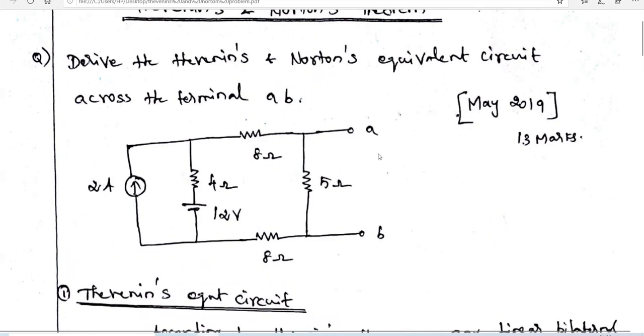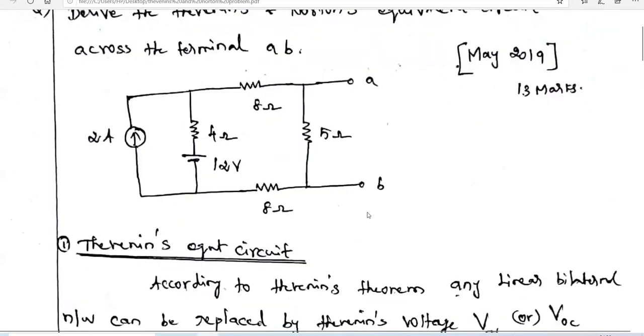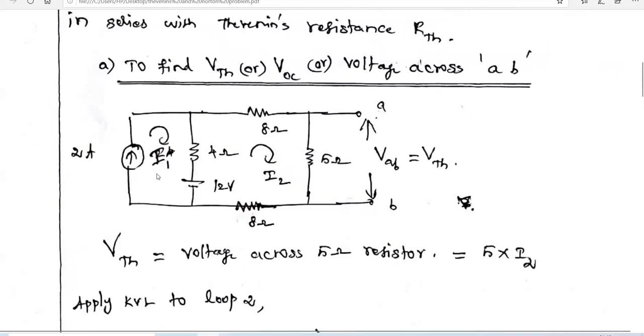In some problems there will be a load resistance across A and B, and we have to remove the load and make it an open circuit. Here the terminals A and B are already open circuited, so we measure the voltage across them, and that is the VTH. This is the given diagram, and now we have to calculate the open circuited voltage across the terminals A and B.